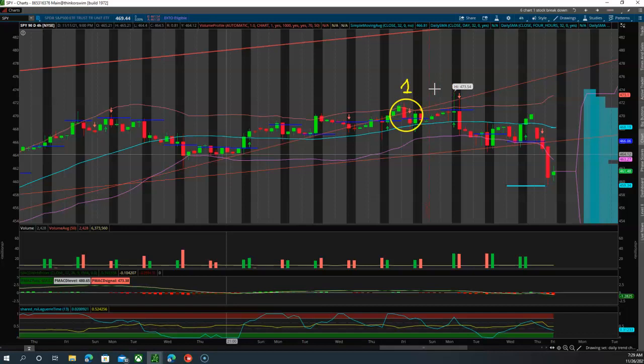Number two is a test of a preceding high or low. So, as you can see here, this was the high. And we came back up. That's the high here.